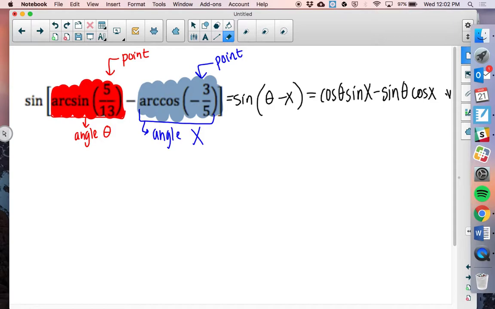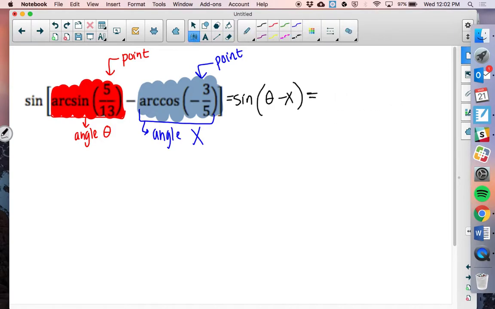Actually, I'm going to rewrite this just to be consistent with what's on your sheet. That becomes sine theta cosine x minus cosine theta sine x. Now, I would argue that we can now evaluate sine theta cosine x and cosine theta sine x, but then we need our triangles.